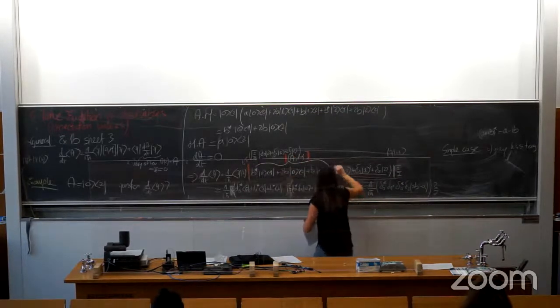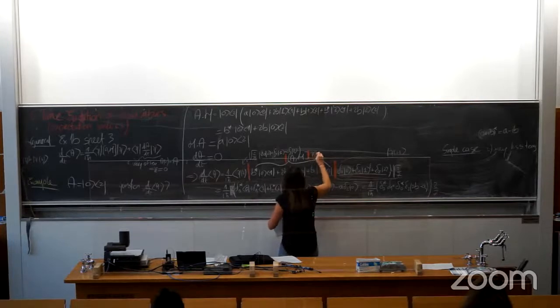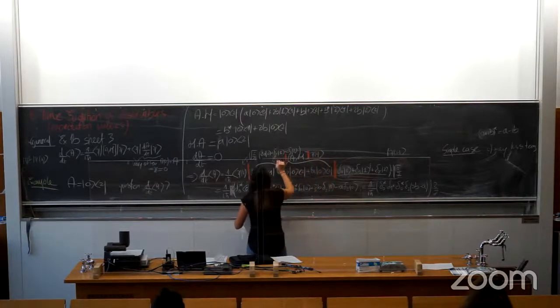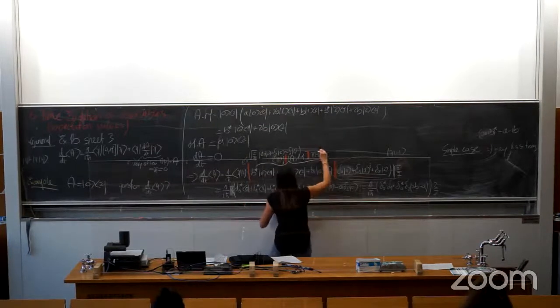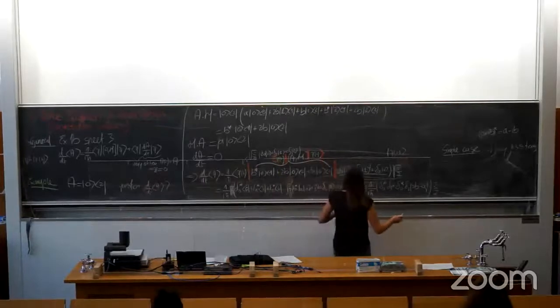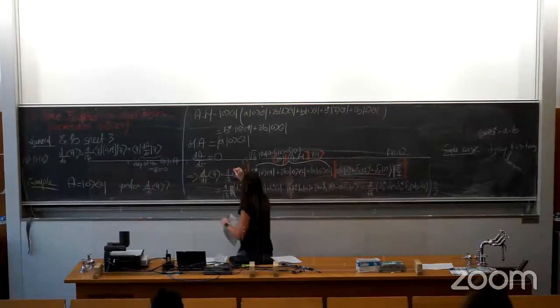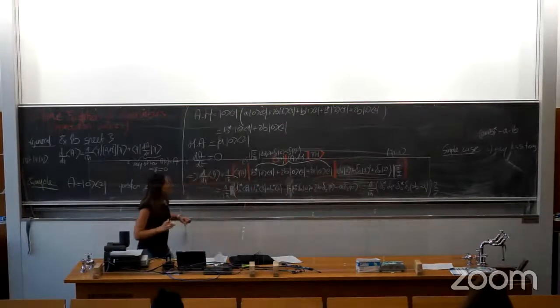Okay, and this is then my phi t. And let's put like this as well. So this is my here kind of, and here. Is that clear? Okay.